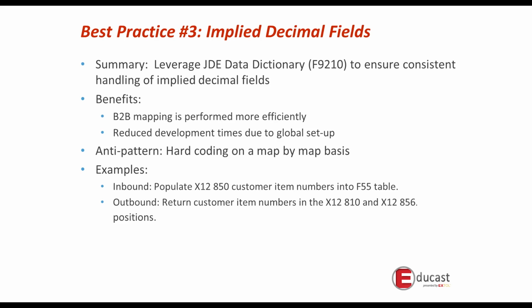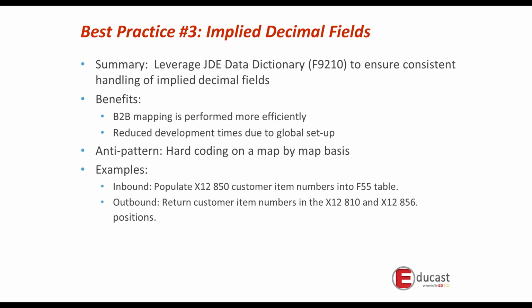One of the biggest benefits of using our best practices is that we can reduce the development time. We globalize these values by putting them into the back end in what we call the schemas, so we don't have to worry about this within our mapping of the data.